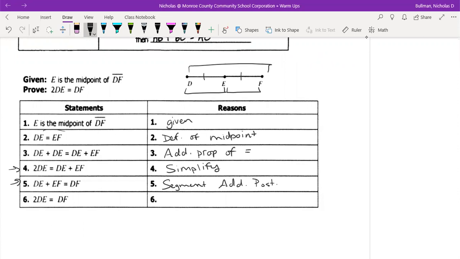Statement 4 says 2DE equals DE plus EF, and statement 5 says DE plus EF equals DF. Well, if we notice, one side of the equal sign is exactly the same, that DE plus EF, and our transitive property says if we cancel that out, I can set the other two sides equal to each other. So this is our transitive property of equality.